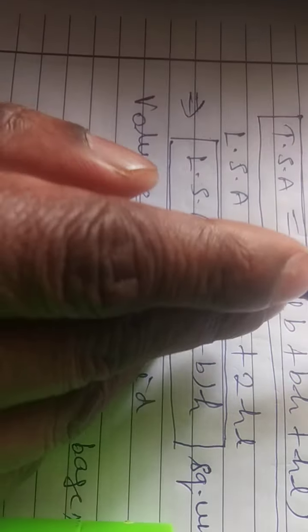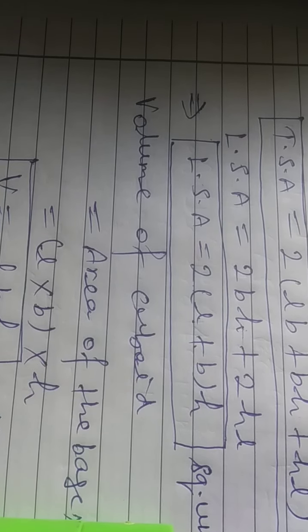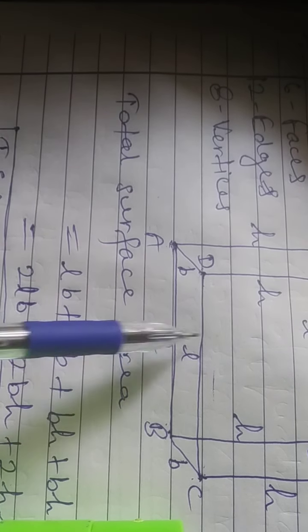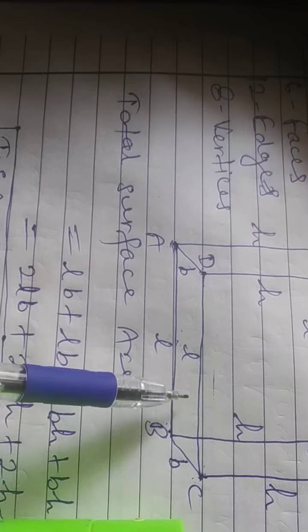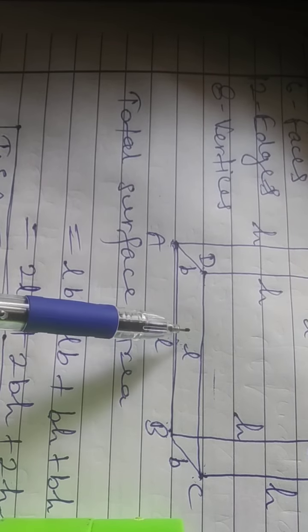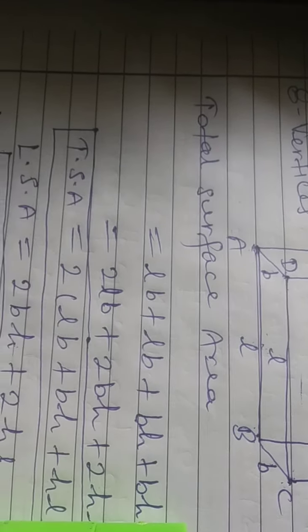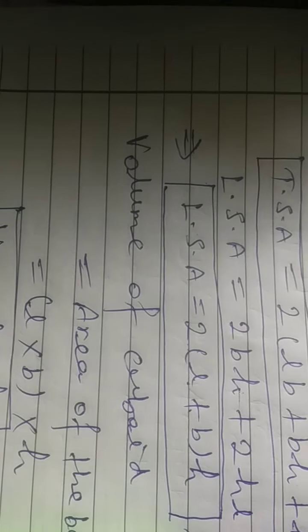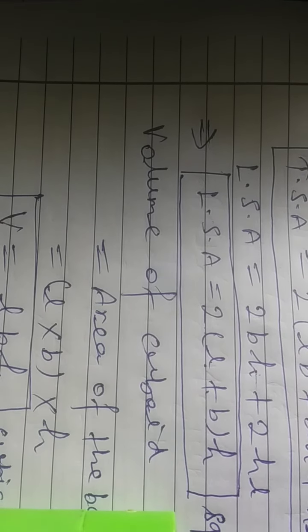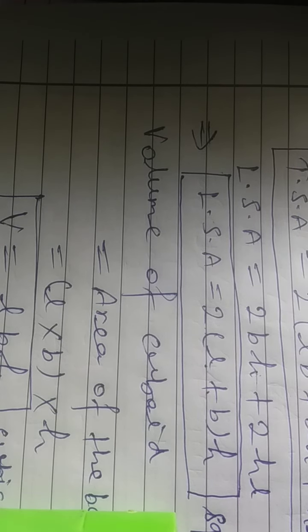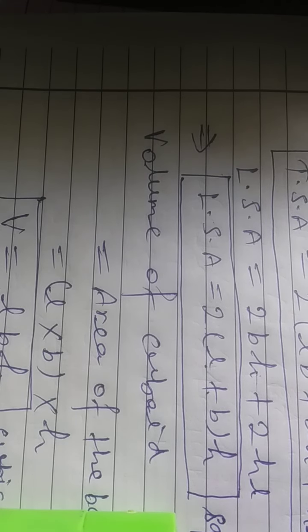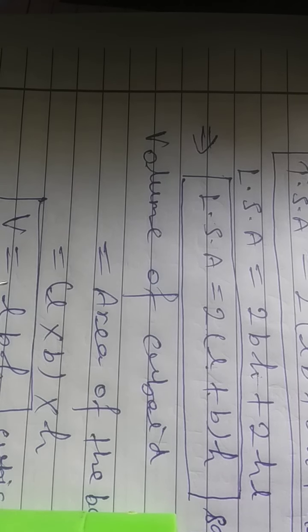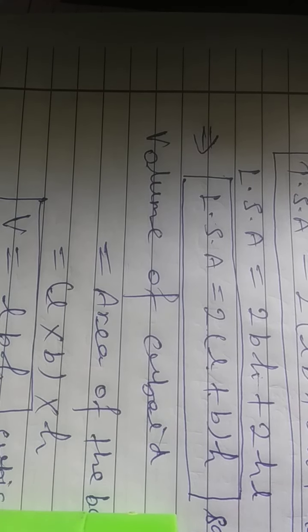In this figure, the area of the base is L into B, the area of the rectangle, and the height is given as H. Then the volume V is equal to L into B into H, which is LBH.